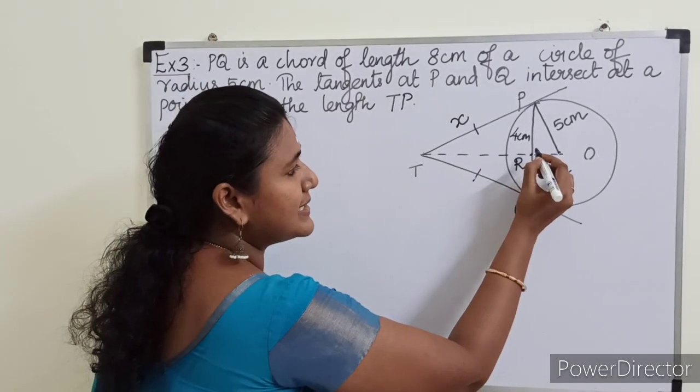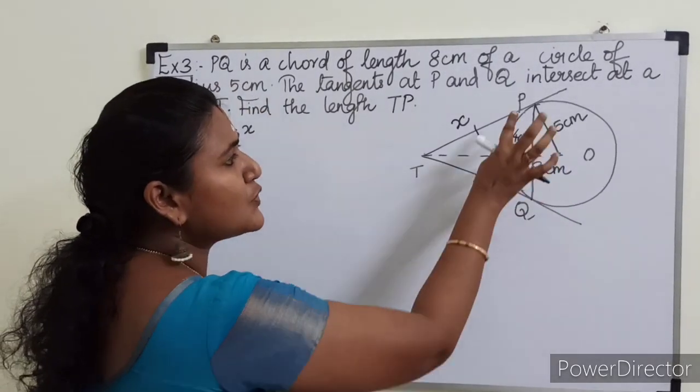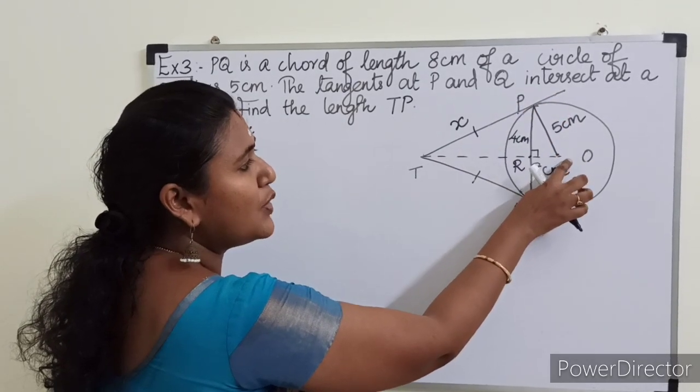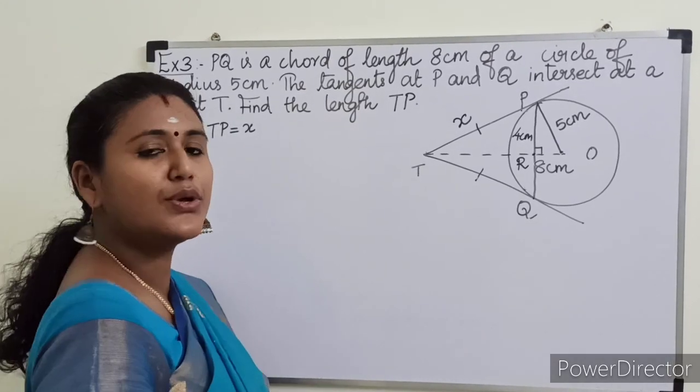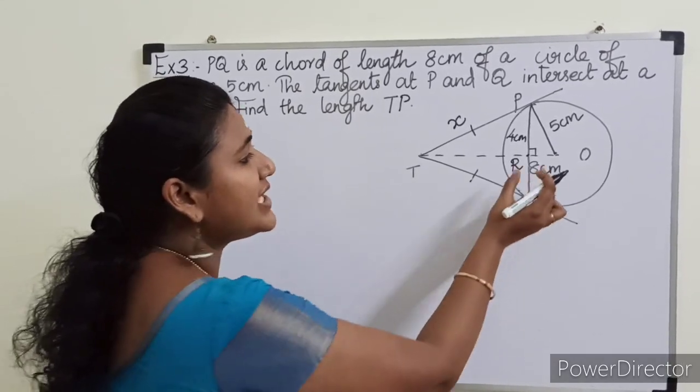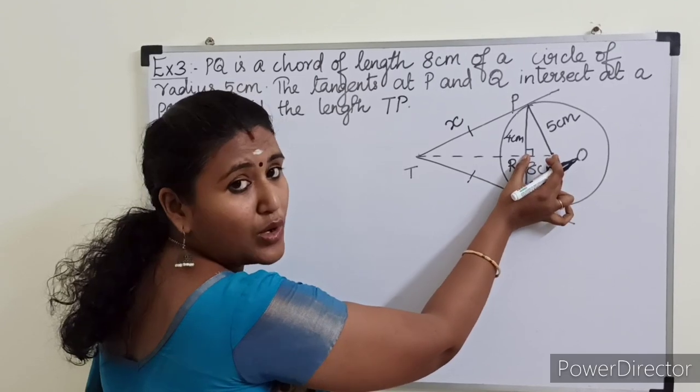Now this angle is 90 degrees, so we consider triangle OPR, which is a right angled triangle. Using the Pythagoras theorem, we can find the length OR.